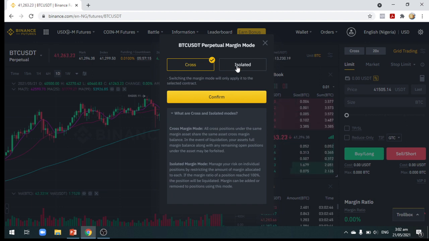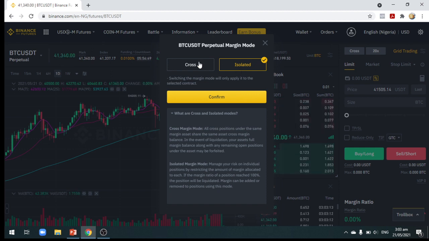But in isolated margin, the margin that you assign to that particular position is the only margin that will be used to keep that position open. If you run out of margin and your position needs to be liquidated, only that one position is going to be liquidated.